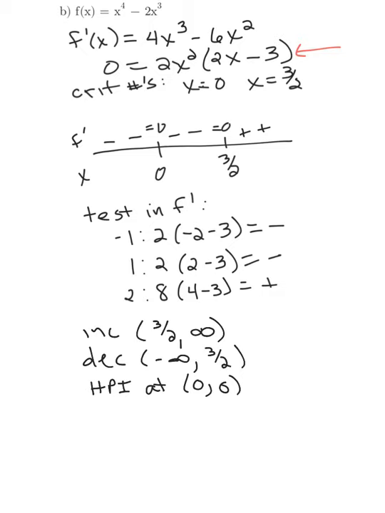When you look at 3/2, we go from decreasing to increasing, so 3/2 is a relative min. And if you put 3/2 into the original equation, you get the lovely number of negative 27 over 16 for the y value. There is no relative max because we have nowhere where we went from increasing to decreasing.